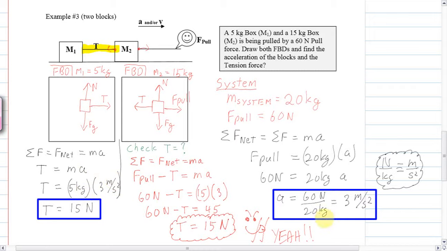I use the acceleration, I calculate the tension. I do a check. I tell the person who's marking it or looking at the work that I'm checking for tension, the last thing I just calculated. I write down Newton's second law, I add up the forces that are acting on it, equals ma. I write it down, calculate it, I check it, I draw my happy face, and I'm very happy.